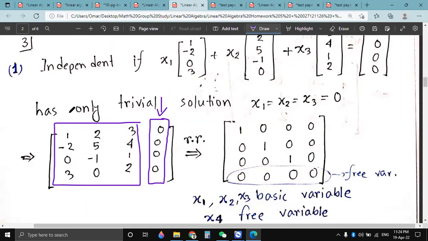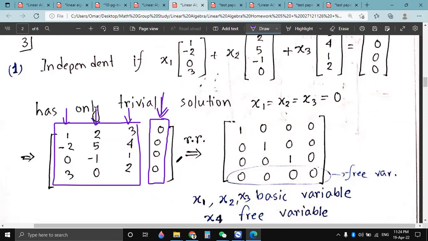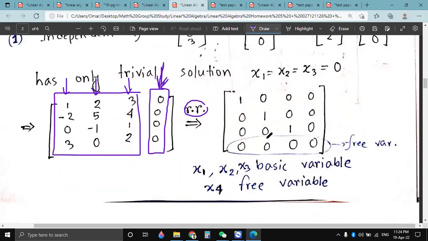And for the last column we have written all the entries 0. Okay, it means if it is linearly independent, then all the entries of this last column will be 0, and then you perform the row operation and you will get this matrix.